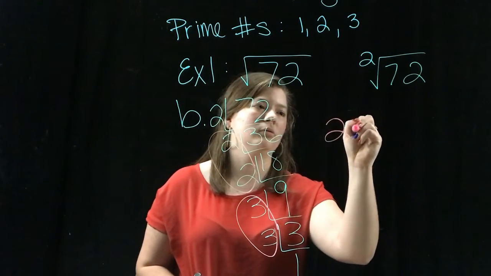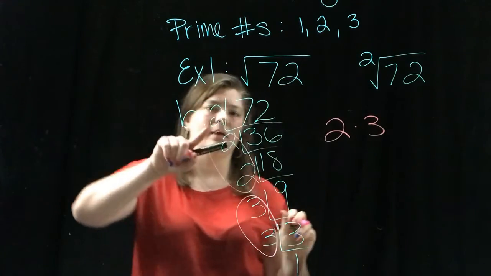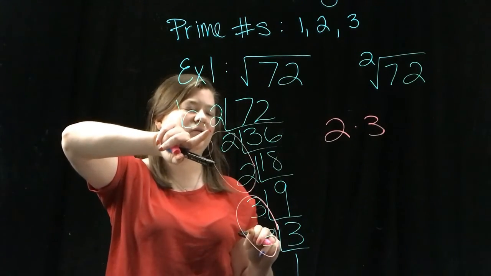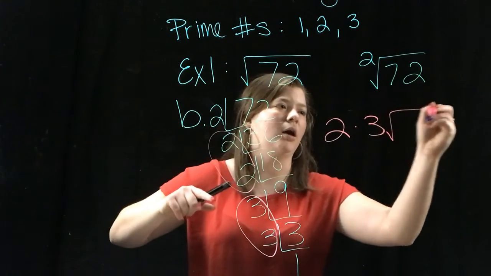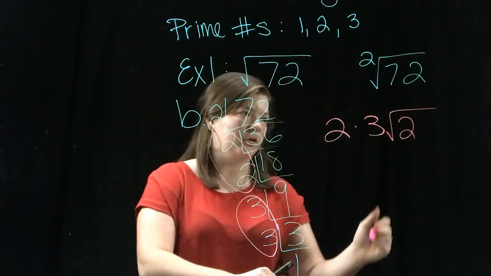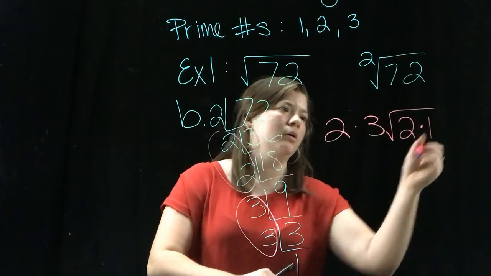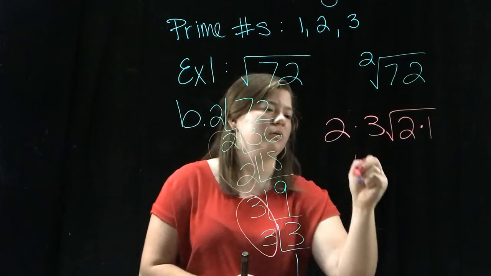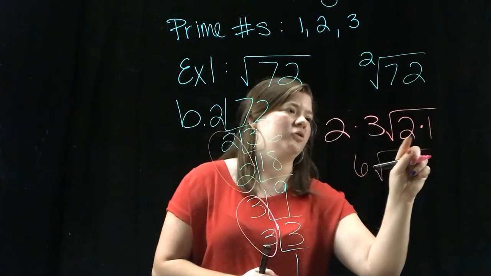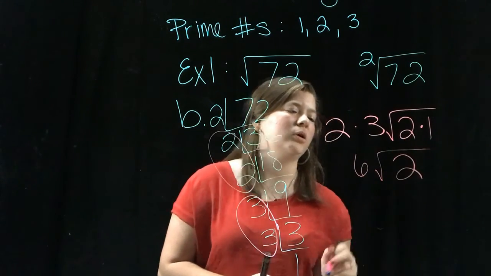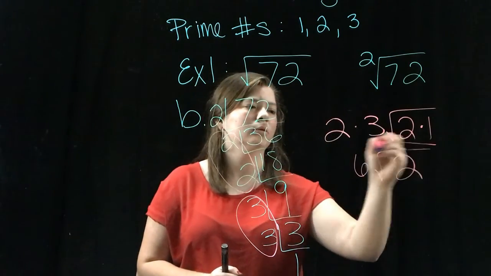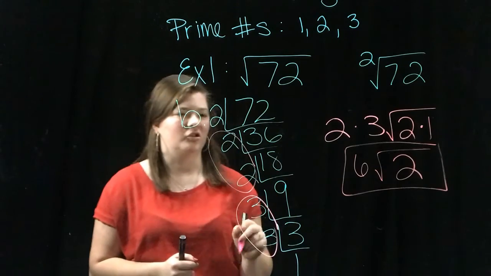So we have a 2 and a 3, and this 2 over here that's by itself will go inside the radical, and this 1 will go inside the radical. So 2 times 3 is 6, and 2 times 1 is 2, so we get 6 radical 2 as our answer, just like the last one.